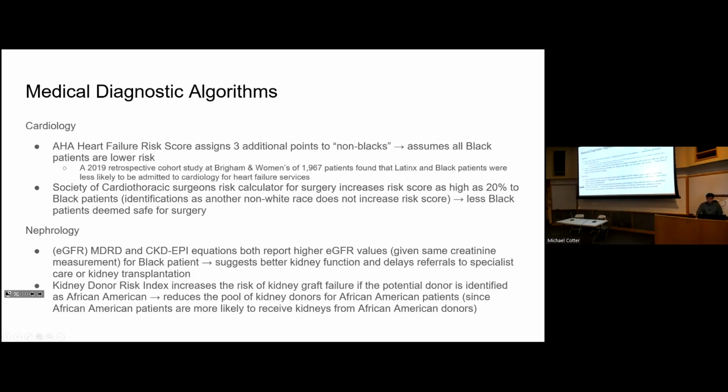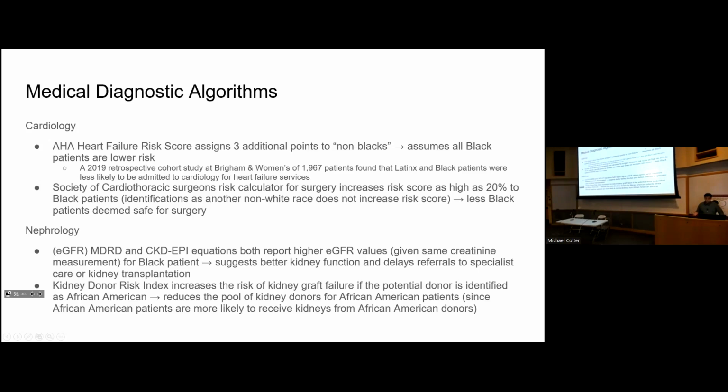And I'd like to further explore our diagnostic algorithms that we use in terms of cancer detection and treatment divided by specialty. In terms of cardiology, the Society of Cardiothoracic Surgeons risk calculator for surgery increases risk score as high as 20% for Black patients, which means that fewer Black patients were deemed safe for surgery.